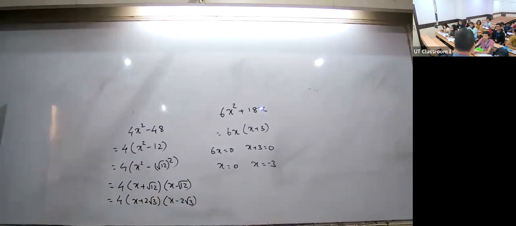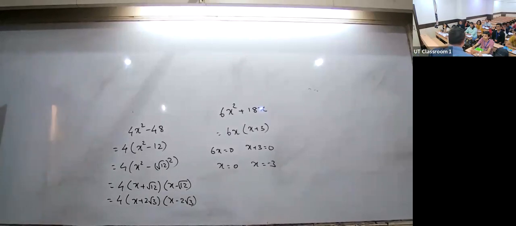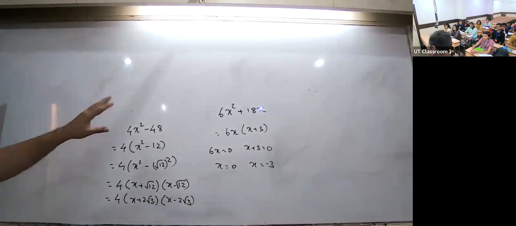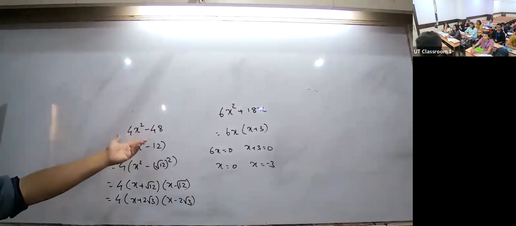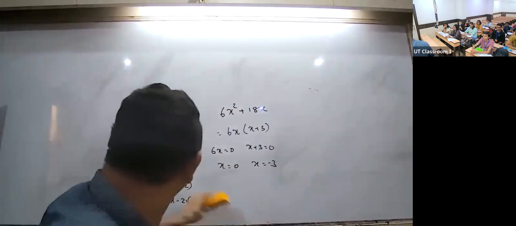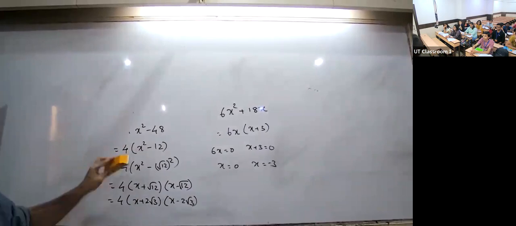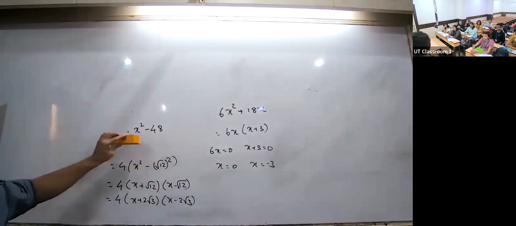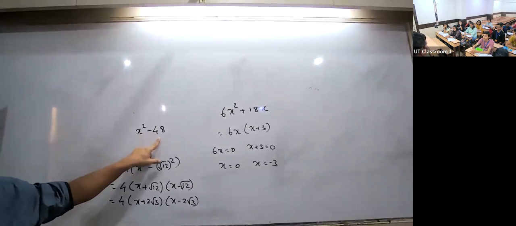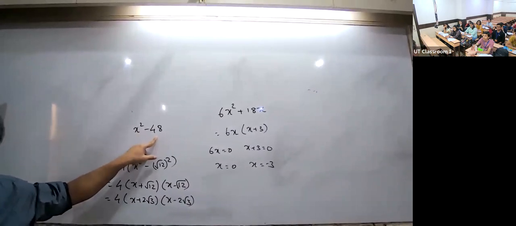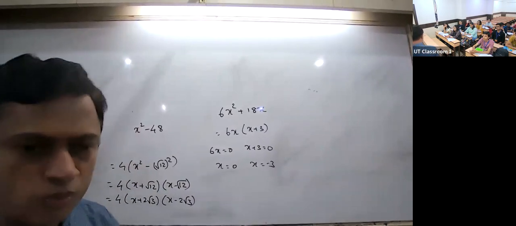Followed all the way? In the first one I did splitting the middle term. It does not mean it is always splitting the middle term. Sometimes a common factor itself gives you the answer in one line. Sometimes you take a common factor. Sometimes you get it directly this way. If the question was this way, then what did you do? a square minus b square. 48 can be written as root 48 whole square, x minus root 48 into x plus root 48.